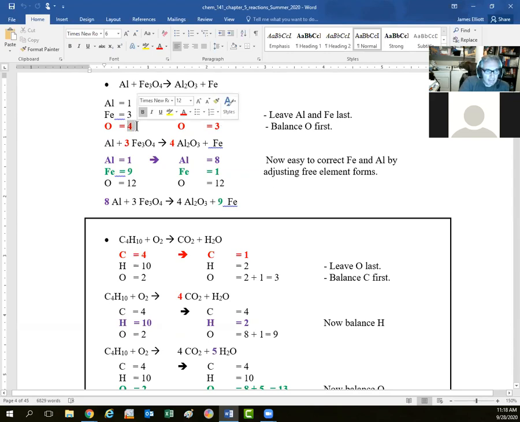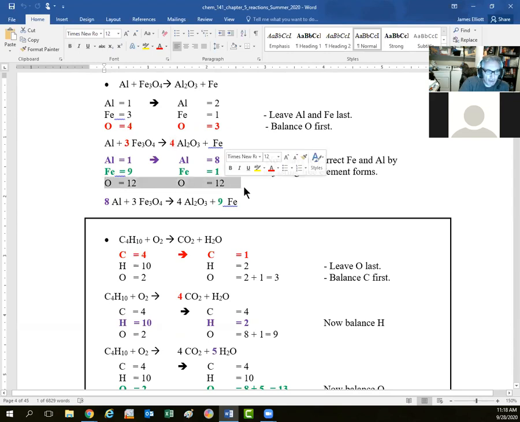So 4 times something to make 12, that would be 3 times more, to give us 3 molecules of the iron oxide. 3 atoms of oxygen on the right times something to make 12, that would be 4 times to make 12. So that gives us 12 atoms of oxygen on each side.